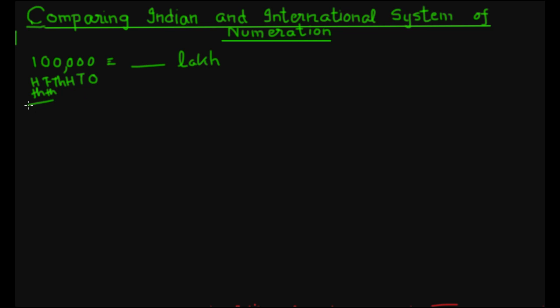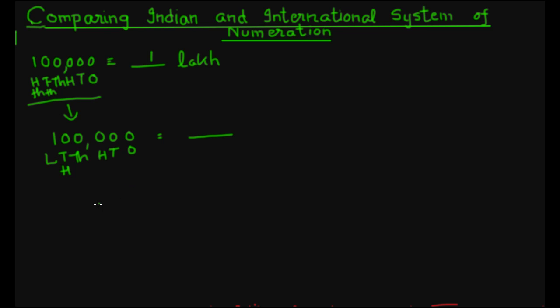Now the same one, if I have to place this 100,000 under the Indian system, I would say ones, tens, hundreds, thousand, 10,000 and a lakh. So it comes to 1 lakh. So do you also get this system?